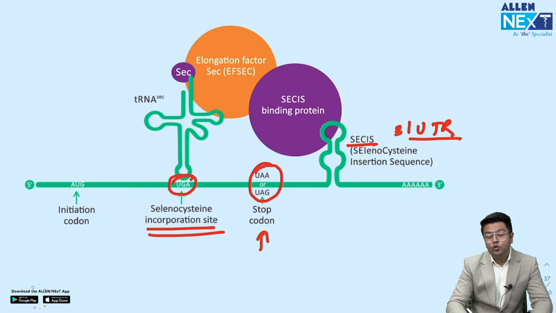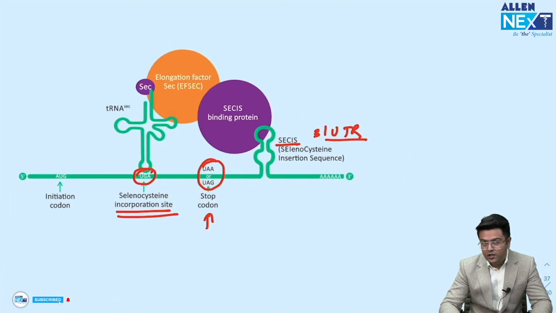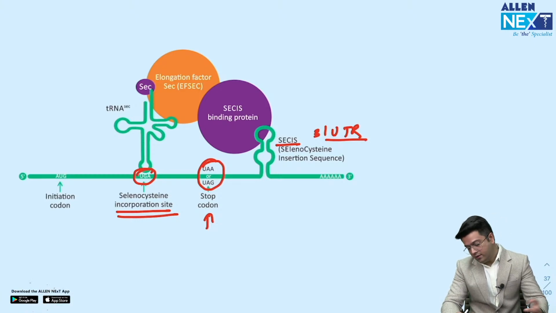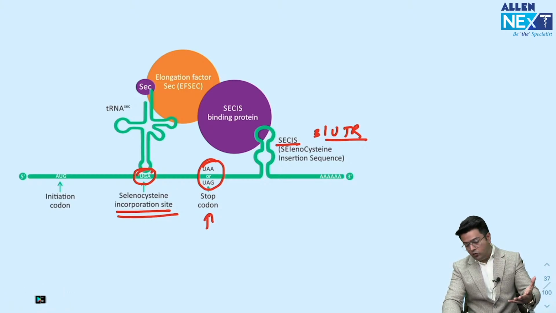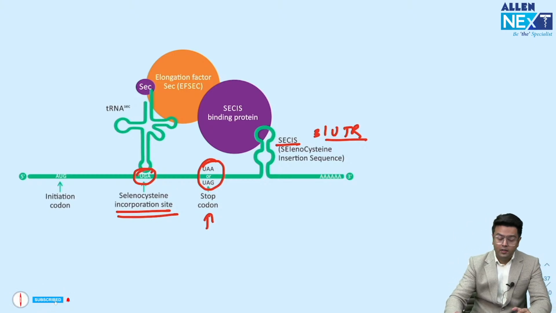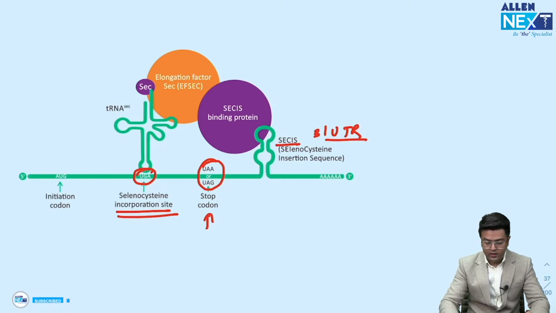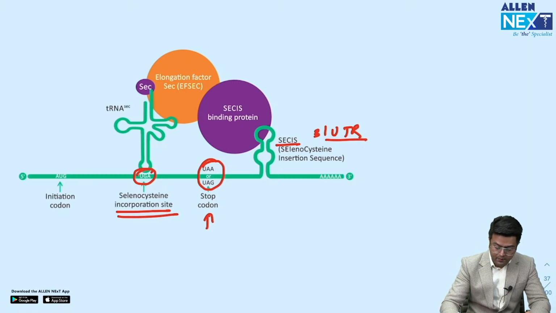This is the UGA which codes for selenocysteine, right? So this is a specialty of the mRNA of selenocysteine, especially from this point of view, they have never asked what kind of mRNA it is, right? Okay, so this is a stem loop structure.